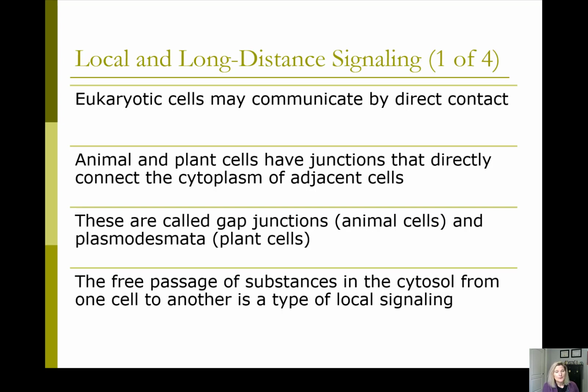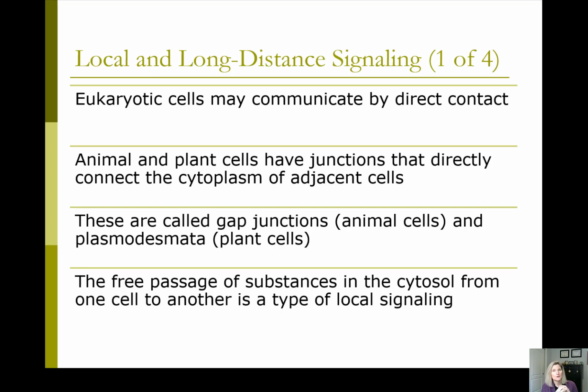So from that video, it described how cells can communicate with each other through direct contact. So that was where we have those gap junctions, where two cells are so close that they have those little tunnels, those little gaps that allow for solutes or whatever to be transferred from one cell to another directly.